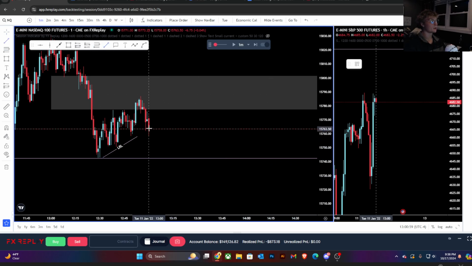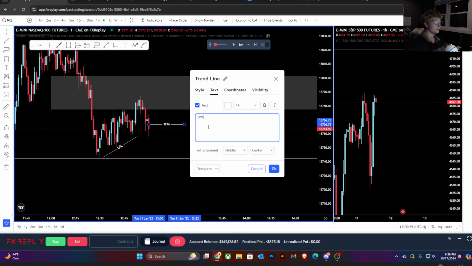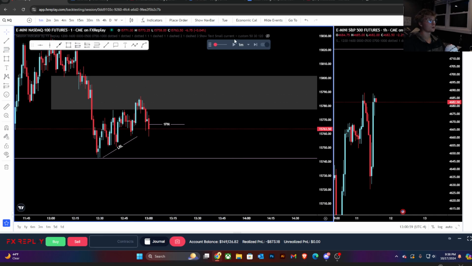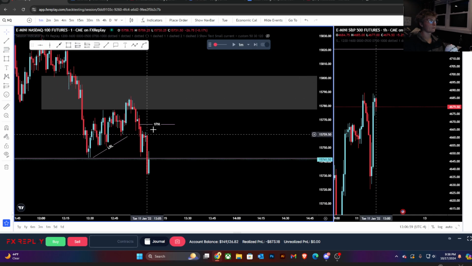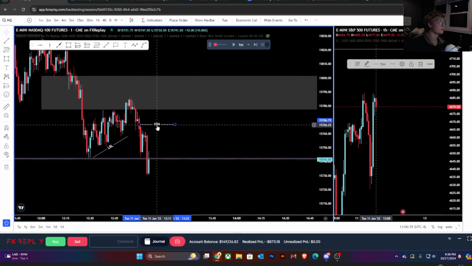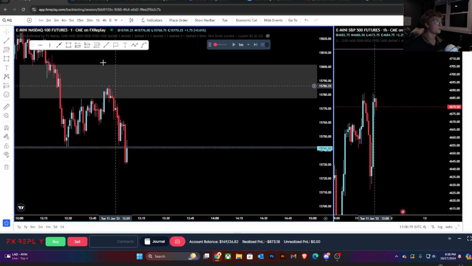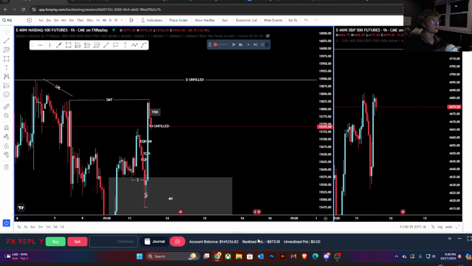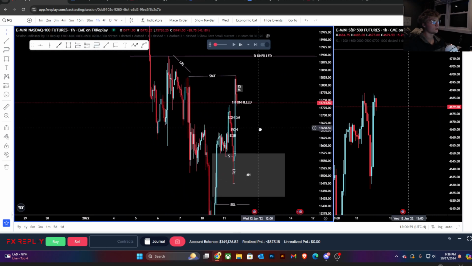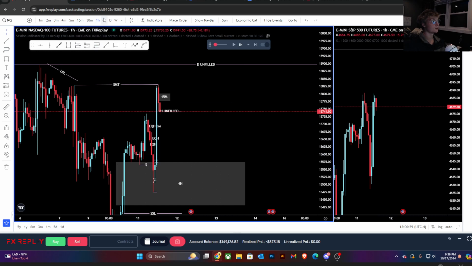If 1 p.m. here can open up higher, I like the longs, or the shorts, I mean. But yeah, 1 p.m. open up low, and we could flip our bias. We did tap into this hourly, but yeah, we do have that bearish SMT.